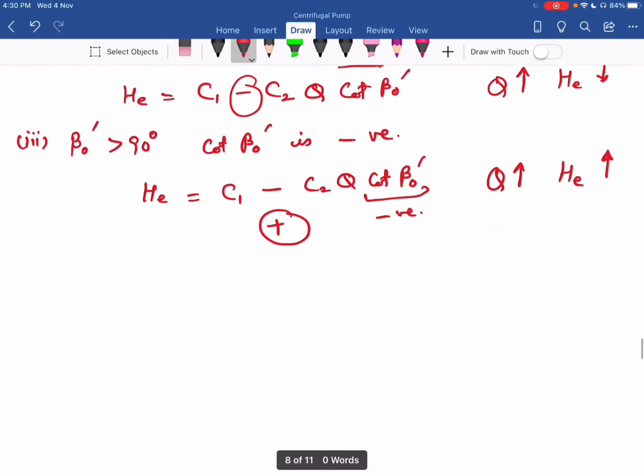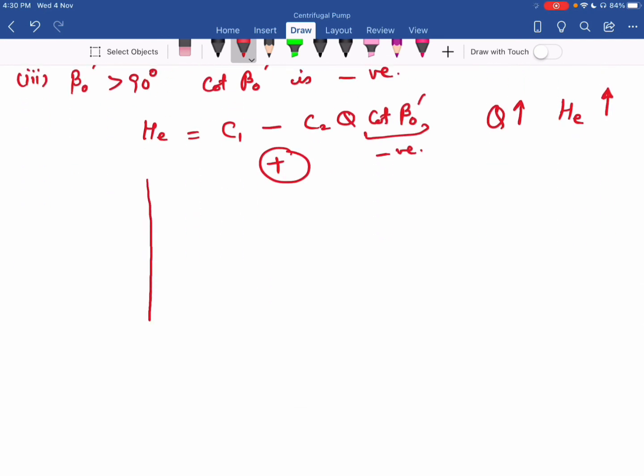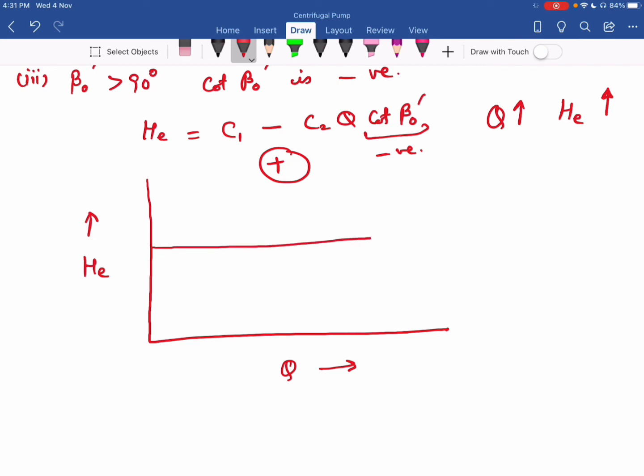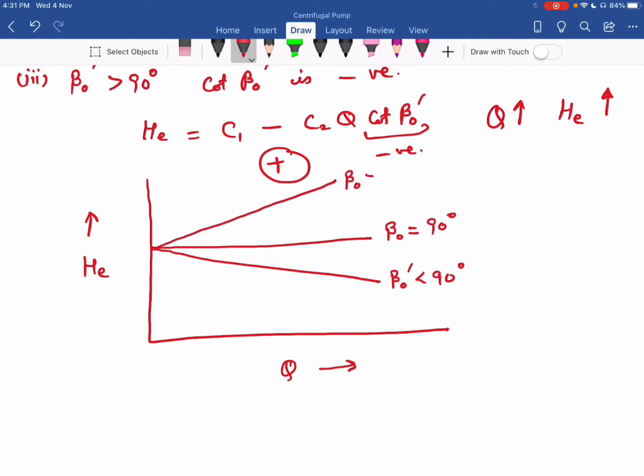Now if I try to plot this, on this side I have Q, on this side I have Euler head. You can see it is a straight line when beta O dash is equal to 90 degree. This is sloping down when beta O dash is less than 90 degree, and it is sloping up when beta O dash is greater than 90 degree.